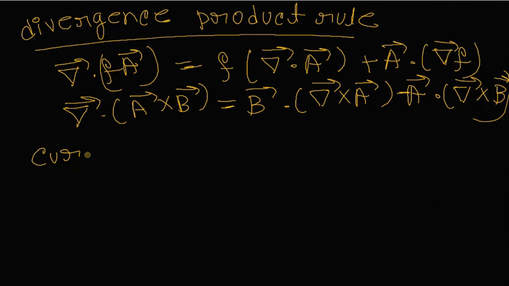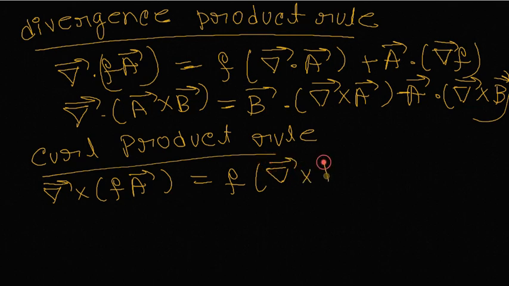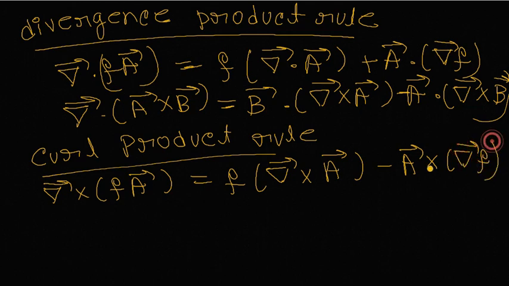And the curl product rule is del cross f A vector equal to f del cross A vector minus A cross del f.